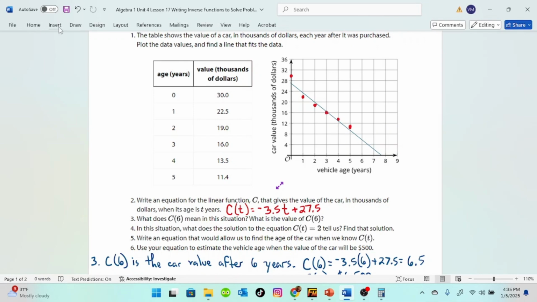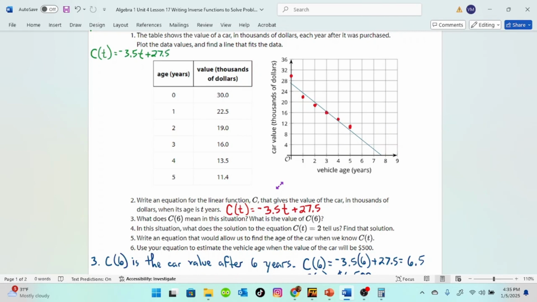So what we're going to do is take the original equation that we found in red, c of t equals negative 3.5 times t plus 27.5.